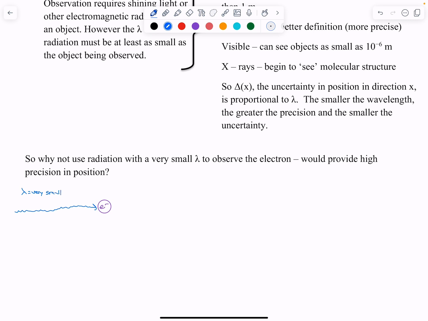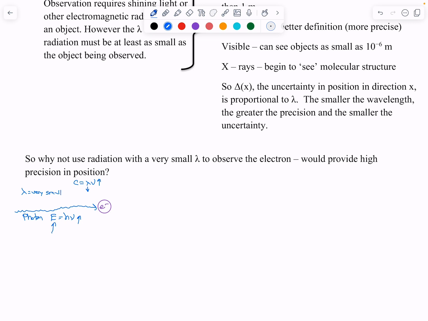Very, very small. All right? So if c equals lambda nu, if lambda is very small, nu is very, very big. And this photon comes in with energy E equals h nu. So if nu is very big, energy is very big.